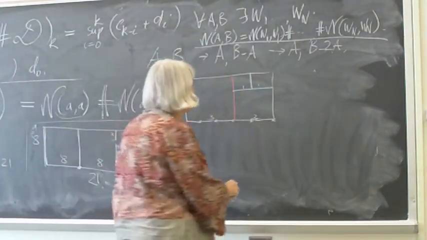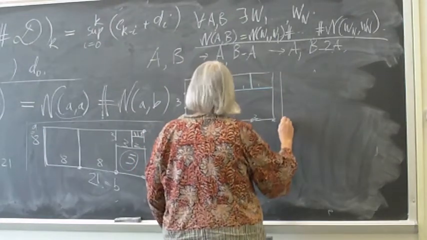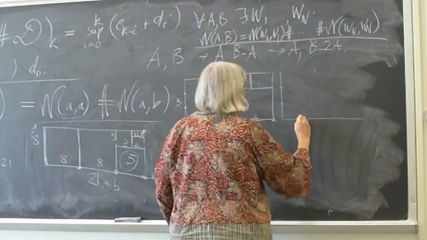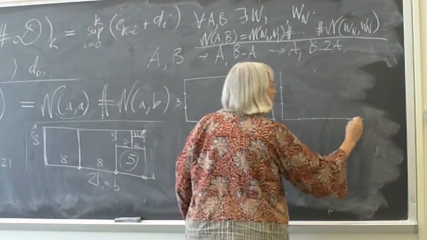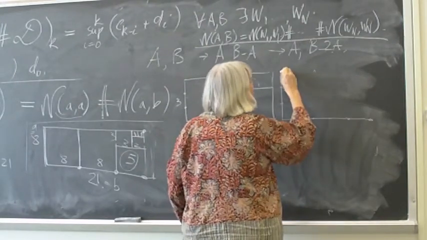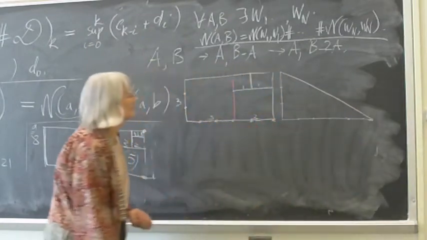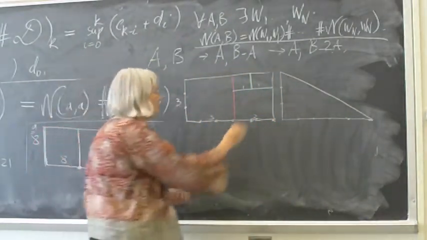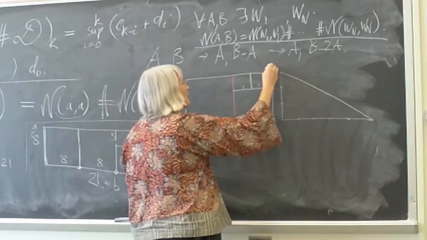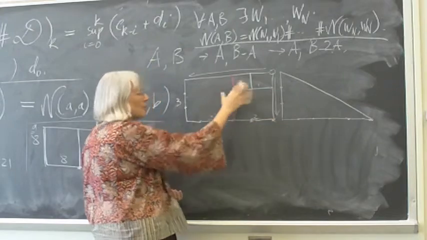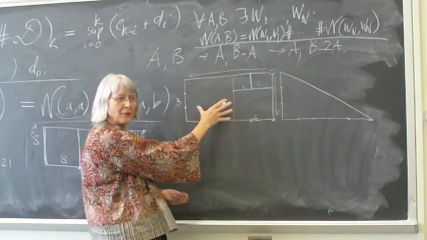And what I claim is that if we take exactly the same size, but I take a triangle instead of a square, what I'm really thinking of doing is removing this point and then shrinking that down to a point and that down to a point, but keeping all this internal structure in the same relative position.